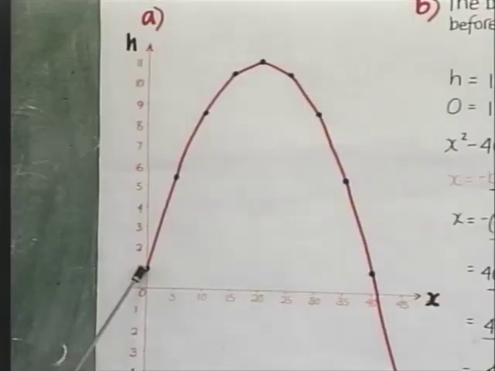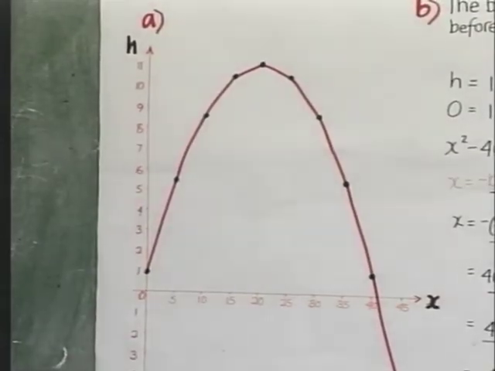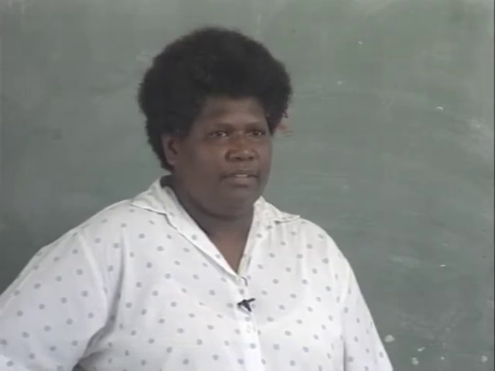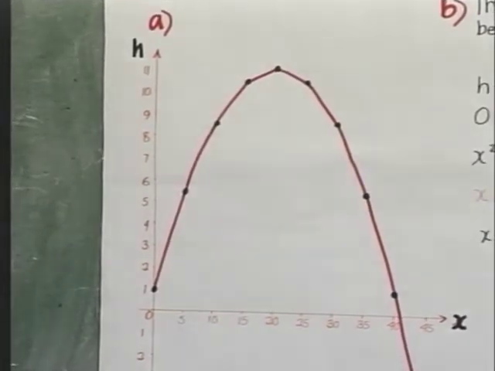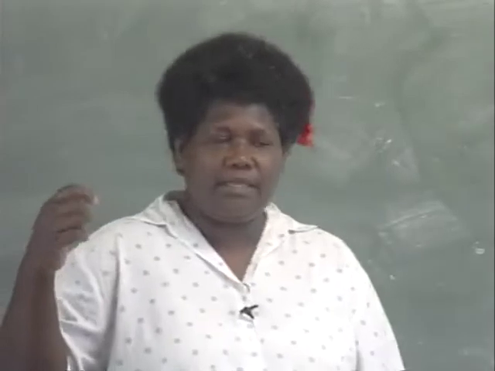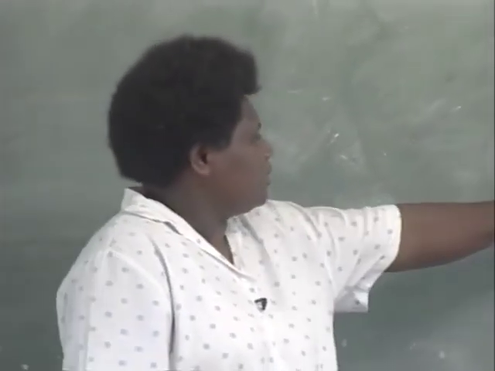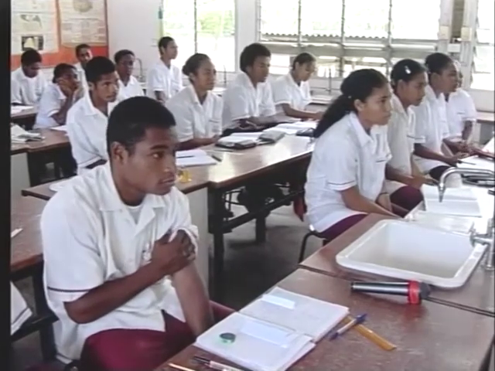Horizontal distance here is 0, this one is 1. Does that mean the person throwing the ball is 1 meter tall? He will be a small fellow, please. The other reason you gave. The bat, it's 1 meter above the ground. Okay, the ball is 1 meter above the ground. I'm not a cricket player, but I watch cricket. When the bowler throws the ball, the person who hits the ball actually hits it at 1 meter above the ground. So that's when the ball hits the bat, 1 meter above the ground.